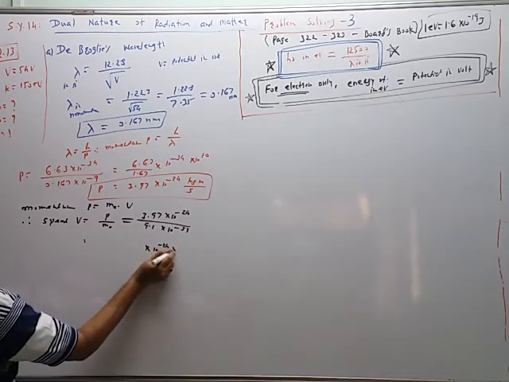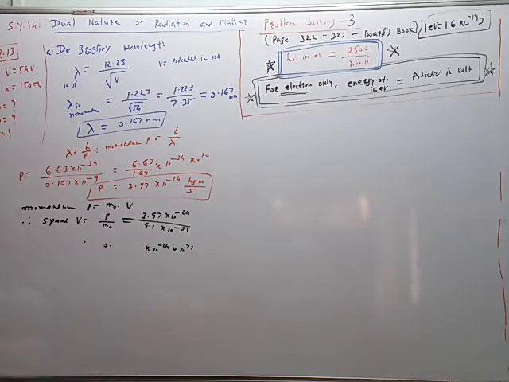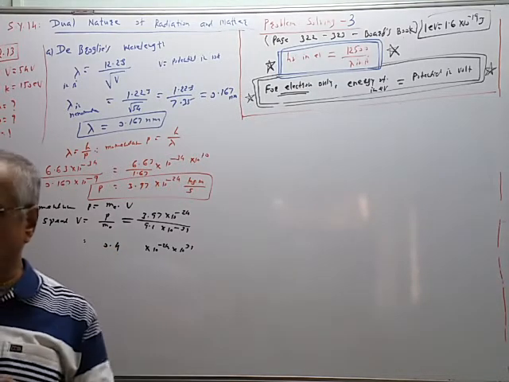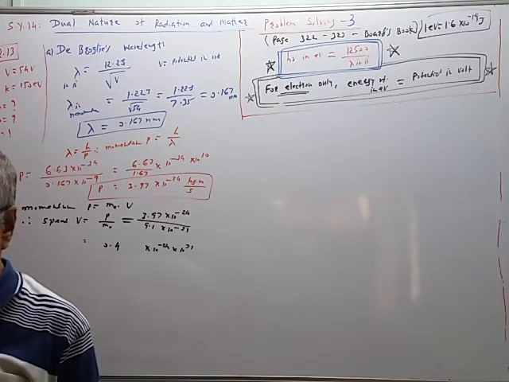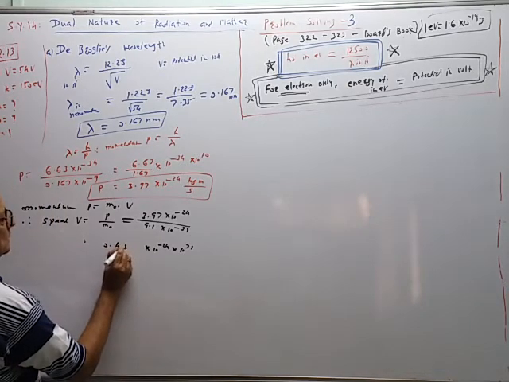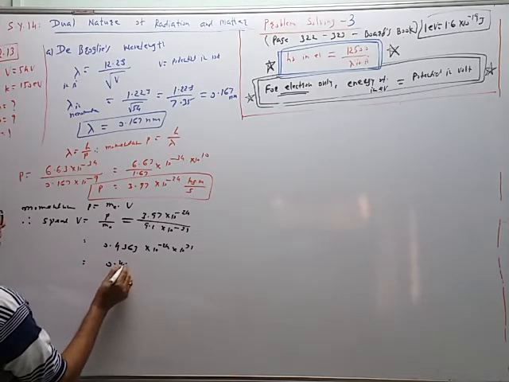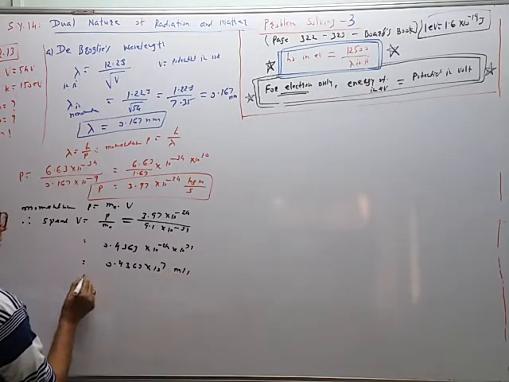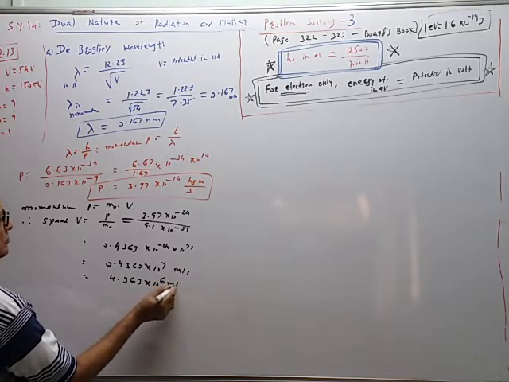This is minus 24, this is plus 21, and this will be nearly 0.4363 into 10 raised to 7 meter per second, or 4.363 into 10 raised to 6 meter per second.